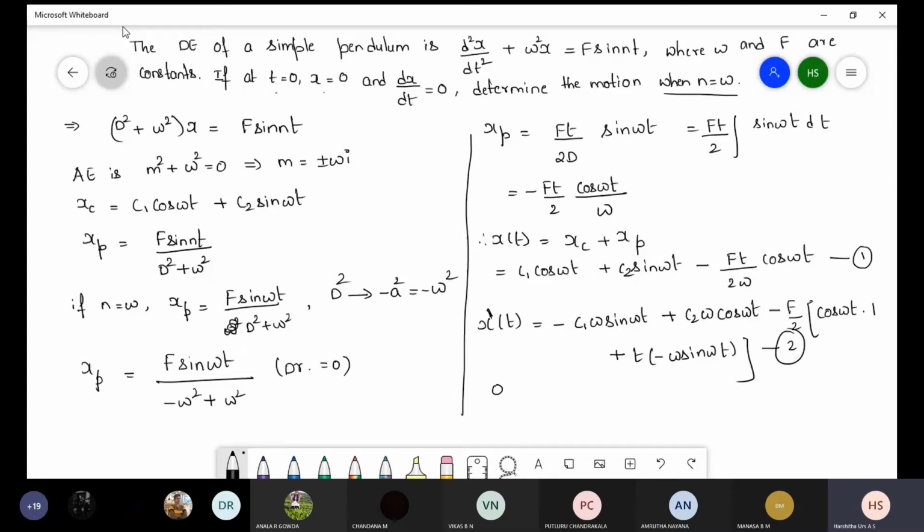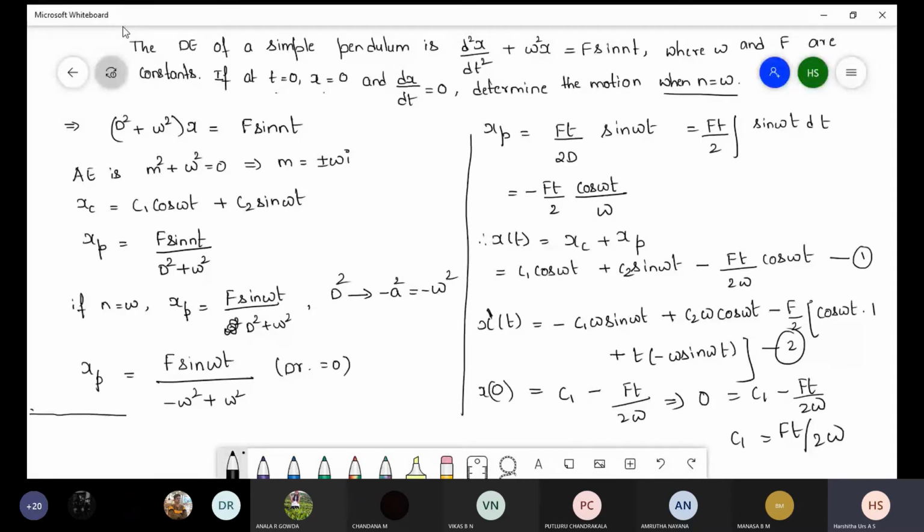So 0 is equal to, here t = 0 means, C1 minus ft divided by 2w. Here x(0) is 0. So C1 minus ft divided by 2w. So C1 is equal to ft divided by 2w.